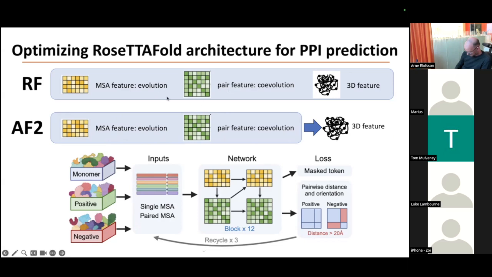In RoseTTAFold, we made a modification where we directly allow the 3D features to talk more frequently to the MSA features and the pairwise features. This change was important for protein design, because this closer association allows you to easily go from a 3D structure to a sequence. But it probably wasn't the best option for our prediction.